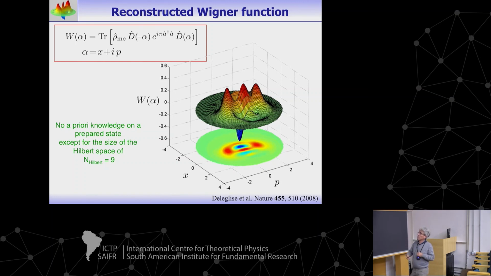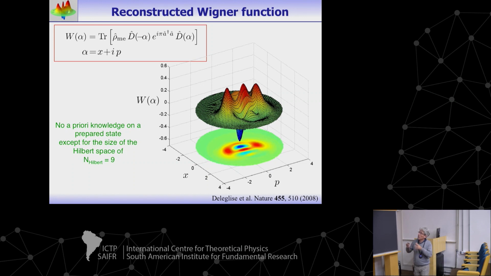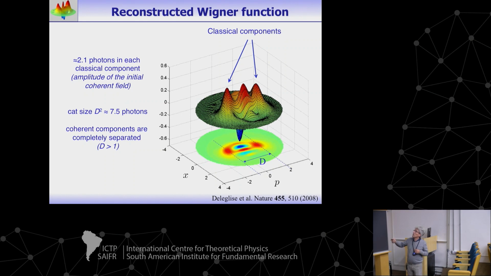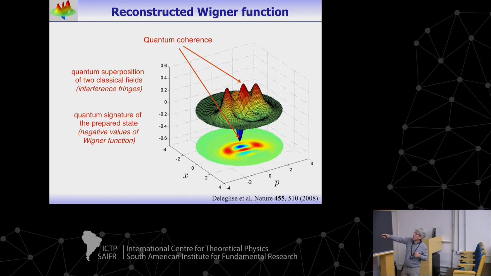So here is the result. The Wigner function of the cat state reconstructed for a field with a bit more than 2 photons in the cavity is here. The principal components are the 2 red dots here, which are the trace of 2 classical components, 2 nearly Gaussian peaks corresponding to the 2 opposite phase components of the field in the cavity. Then in between, you have oscillations, which are the signature in the Wigner function of the coherence of the superposition state.